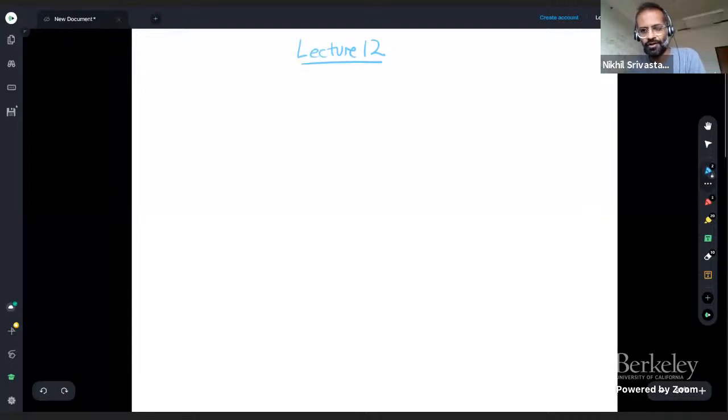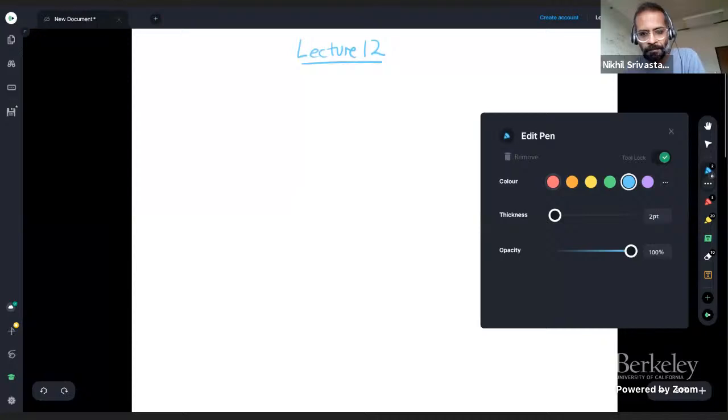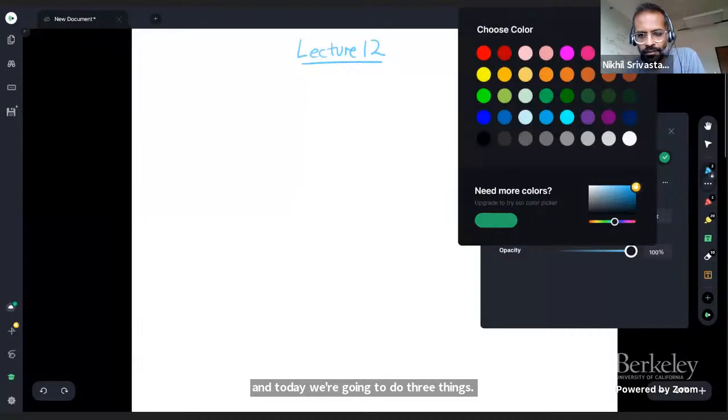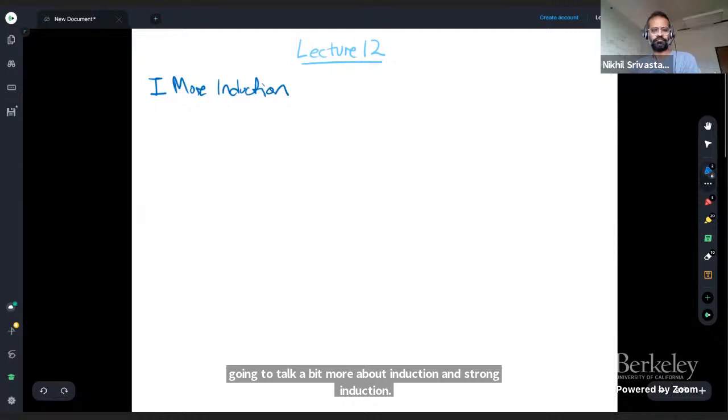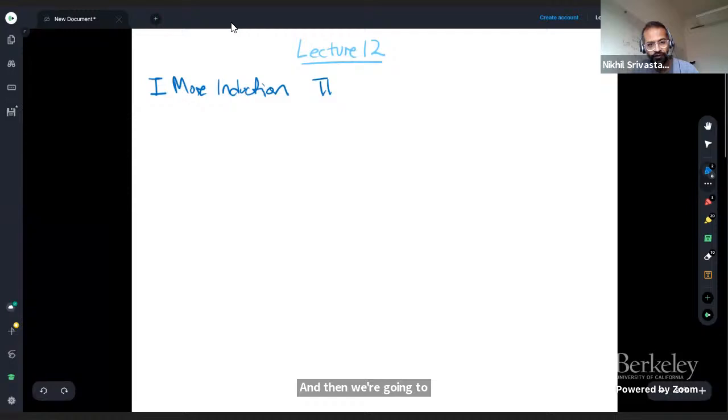And today we're going to do three things. Let me darken the color. Okay. We're going to talk a bit more about induction and strong induction. And then we're going to talk about a closely related concept called recursive definitions, which is a new way to define functions.